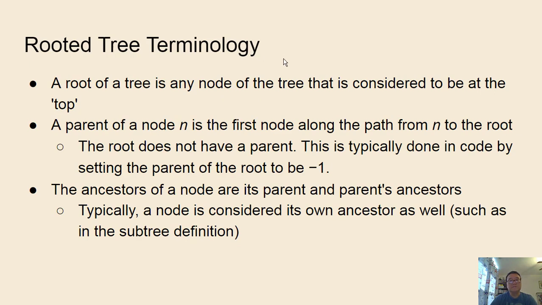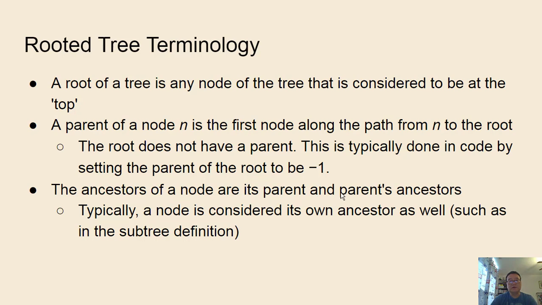When we root the tree, we have the concept of parent, ancestor and children. Every node other than the root will have a parent. If we go from a node to the root node, that path has to be unique by the property of the tree. The first node on that path is its parent. The root doesn't have a parent, so sometimes in the code, we will set the parent of the root to be -1.